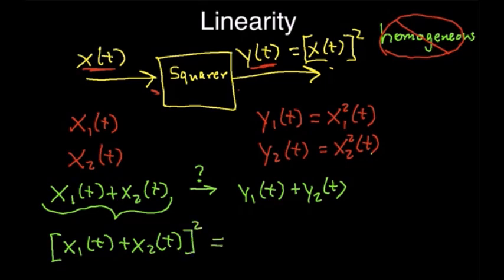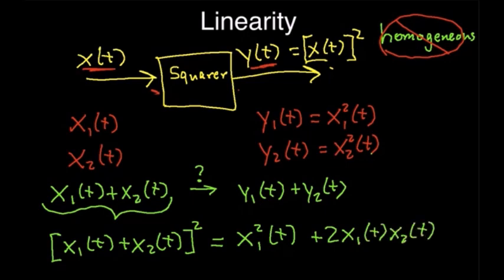And if I work this out, this is essentially squaring a term with two terms. So you'll remember that this is x1 of t squared plus 2 x1 of t times x2 of t plus x2 of t squared.